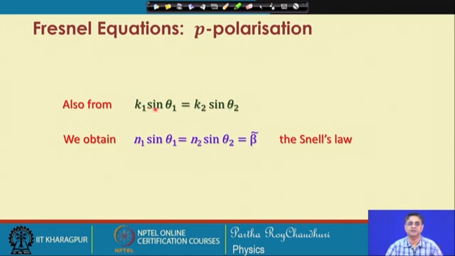So, when we connect the two media, mu_1 epsilon_1 and mu_2 epsilon_2, that is k_1 and k_2, therefore, because k_1 is k_0 n_1 and k_2 equals k_0 n_2, n_1 sin theta_1 and n_2 sin theta_2 must be equal to some constant beta tilde, which is an invariant of the combination of the media. So, this shows Snell's law, which is again our old law, the law of reflection and refraction.